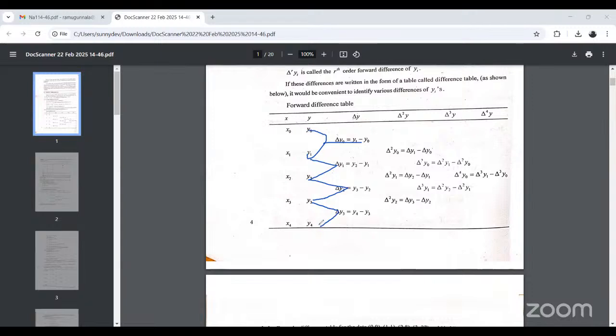In the same way, the difference between these two is called delta square y naught. Next, the difference between these two is delta square y1, which is delta y2 minus delta y1. And the difference between these is delta y3 minus delta y2. Again, the difference between these two is delta cube y naught. So this is called the forward difference table.